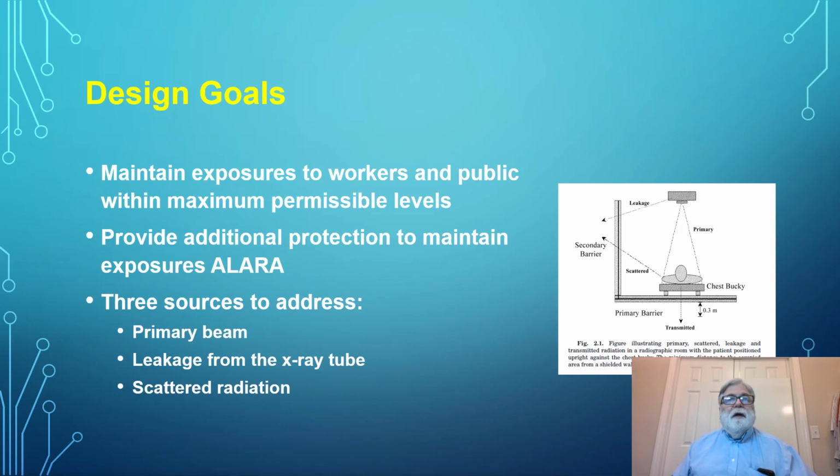So we want to make our calculations with conservative assumptions, and be as prudent as we can with making sure we're providing adequate safety, but not overdoing it. We have three radiation sources we need to address.